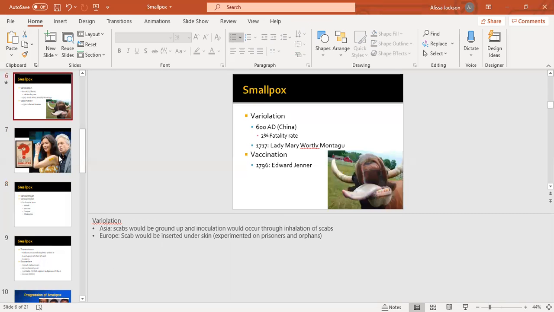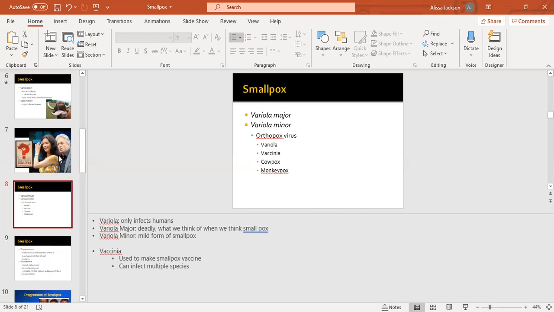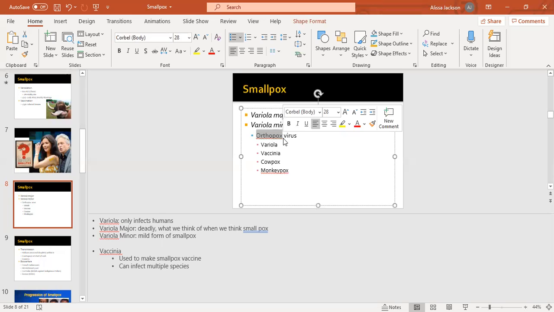So is orthopox just the category that all of the different types of pox fall under? That's what I was trying to think about. Let me see. I think so. Orthopox virus is a genus of viruses in the family Poxviridae, so pox viruses.